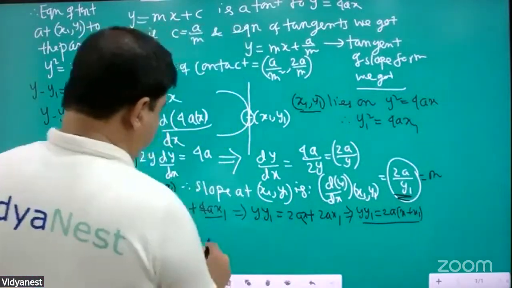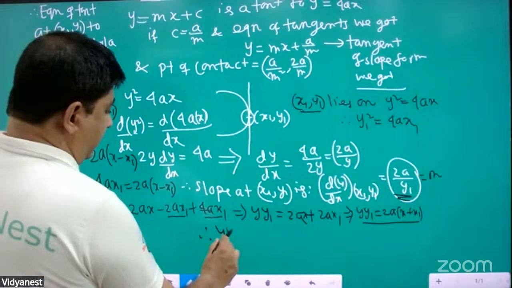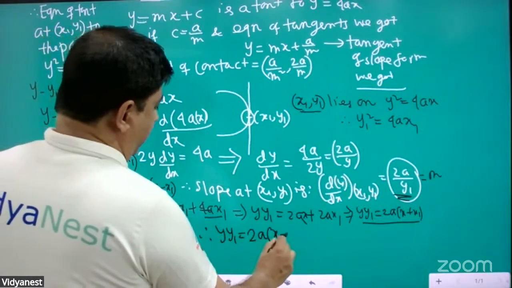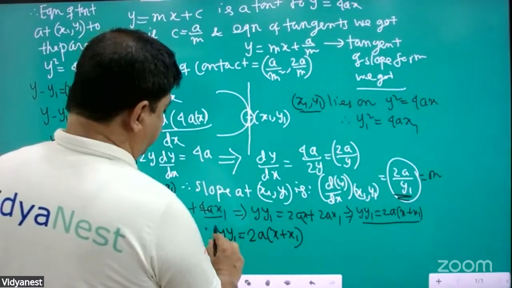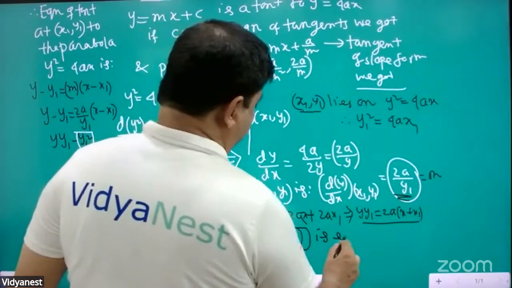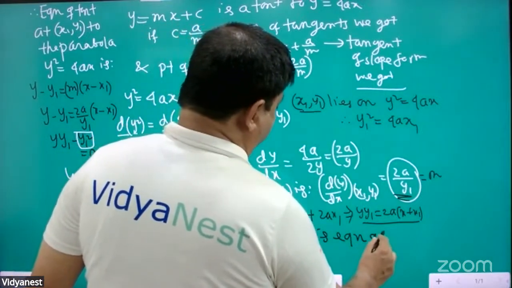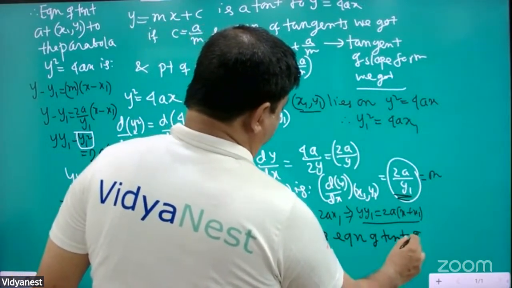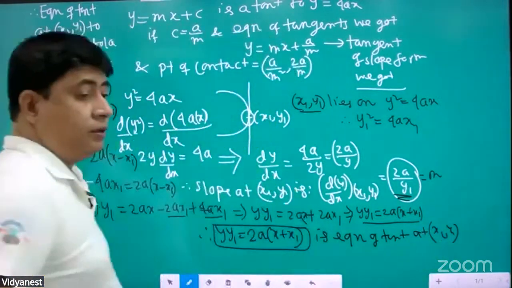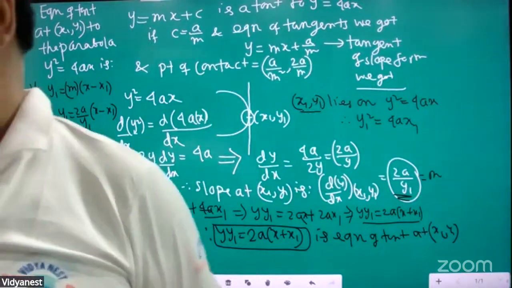Therefore, what conclusion can I draw? y y1 = 2a(x + x1) is the equation of the tangent at (x1, y1). Hope you could follow. Go through it at a glance.